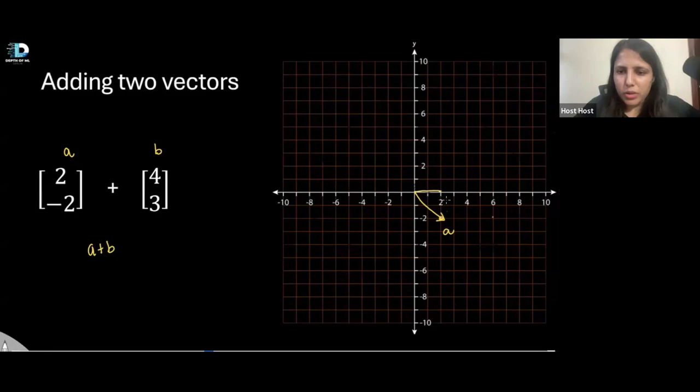So from 2, I will move till here. And then I will move 3 in the positive direction, so I will land up here.